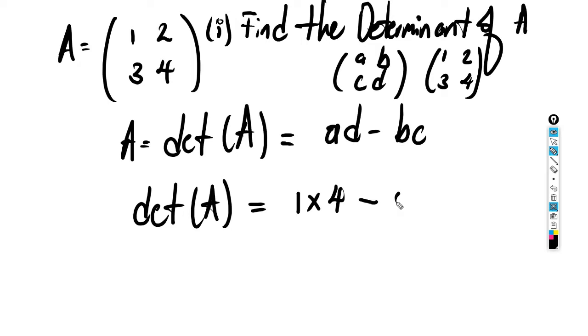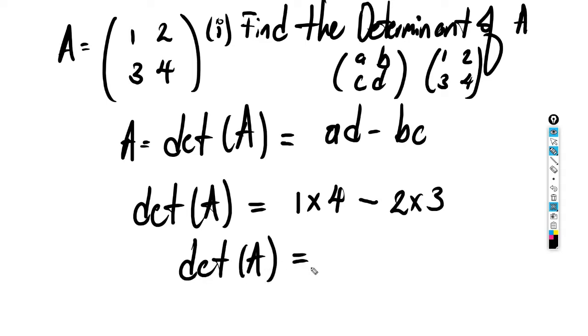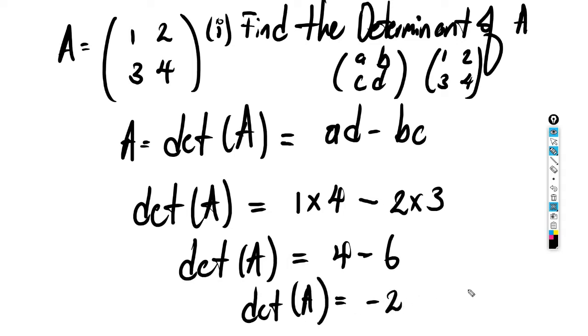B is 2, so it's 2 by C, which is 3. So the determinant of A is equal to 4 minus 6. When we multiply 1 by 4, we get 4, and 2 by 3, we get 6. Negative 6. So the determinant of A is equal to negative 2.